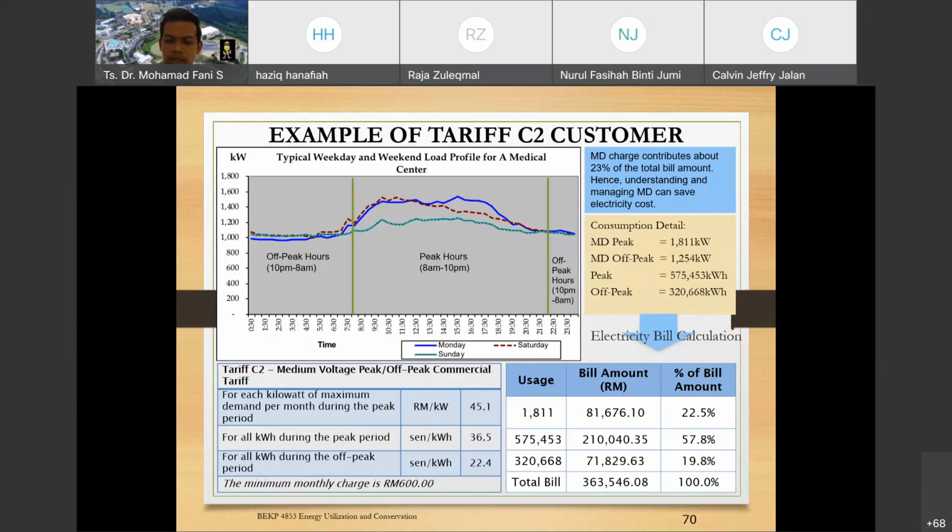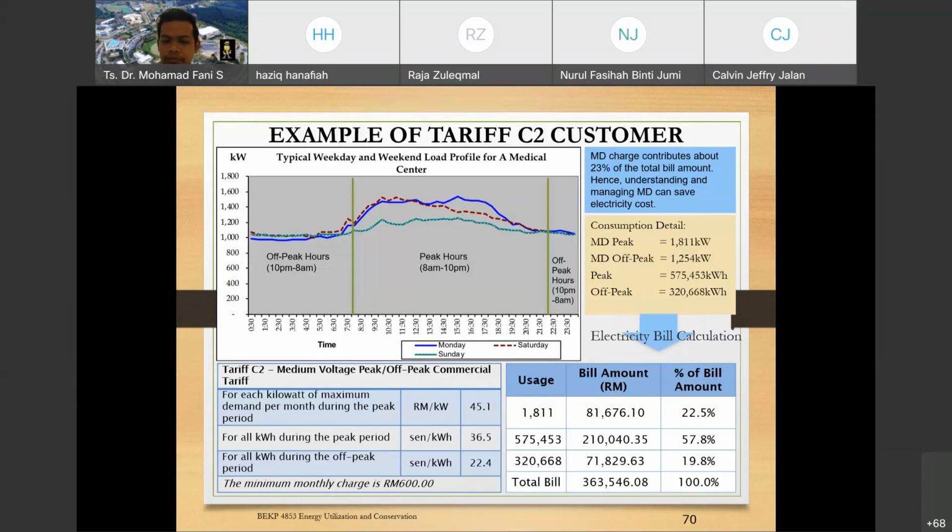What's the total bill? If you are the consultant or energy manager for this hospital, the director of the hospital asks you to make an analysis to compare between the C1 and C2 tariff.